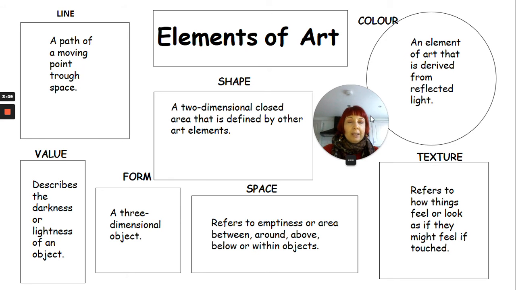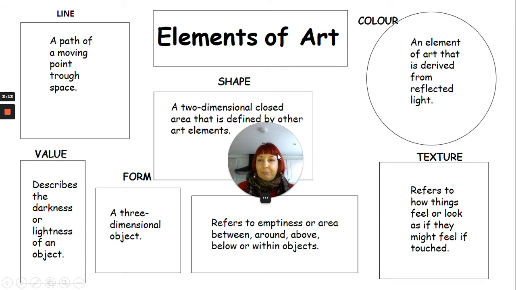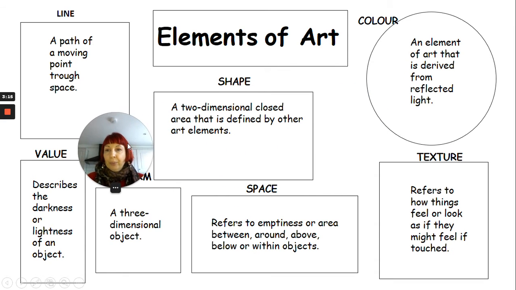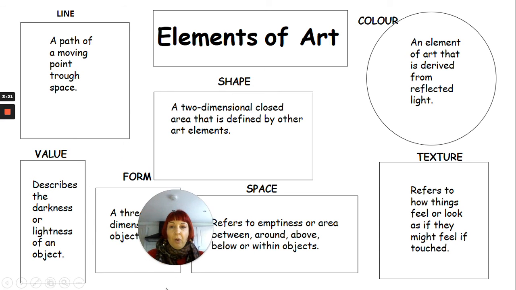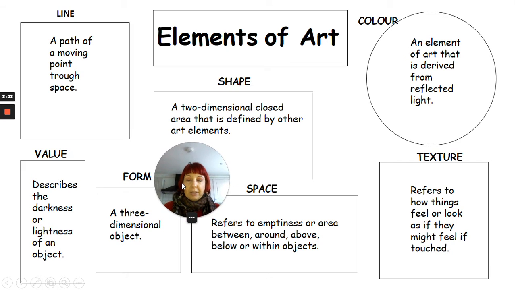So warm colours, cool colours, light colours, dark colours. Value, the lightness or darkness of an object. Form, a 3-dimensional object. Can you give me an example of a 3-dimensional object? Pyramid, brilliant.